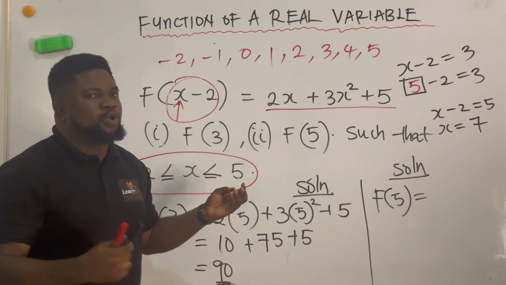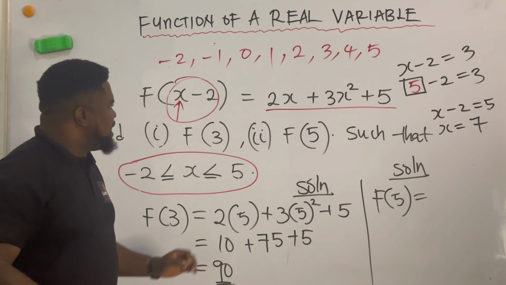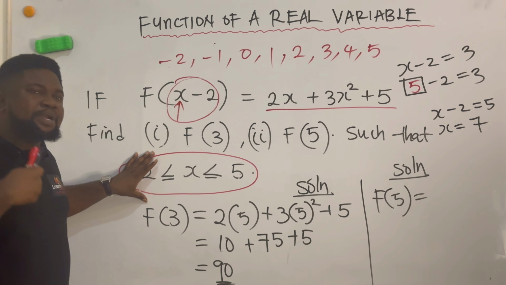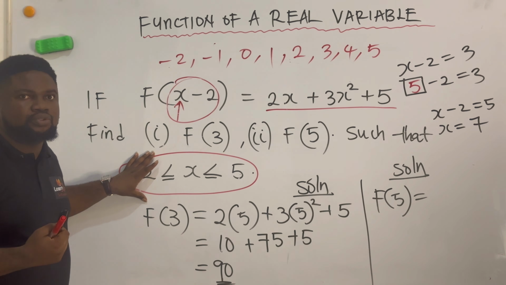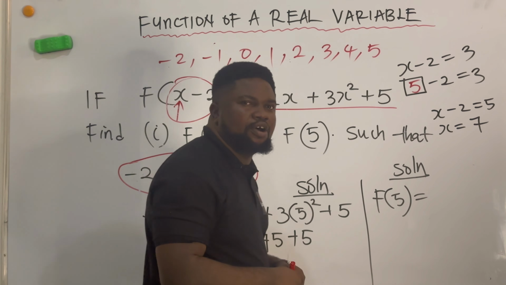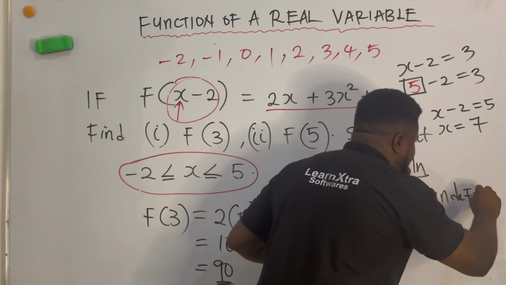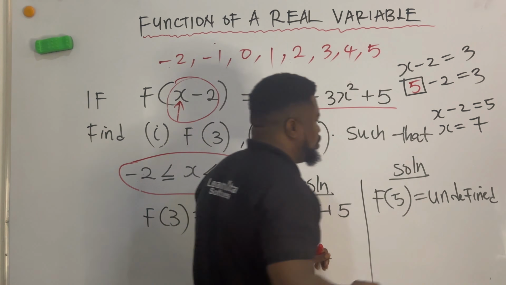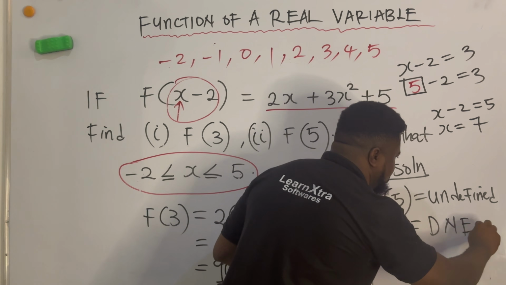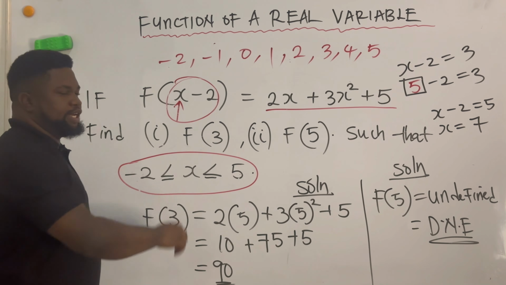Because we can only use x as 7 to find f of 5, and the condition does not permit us to use 7, we can say that f of 5 is undefined. I can say f of 5 does not exist just because of this condition here.